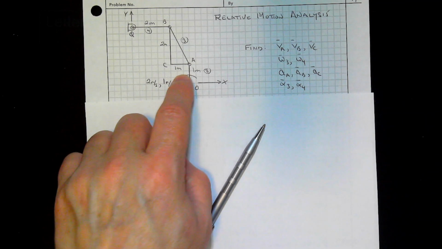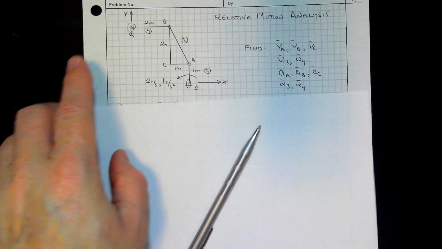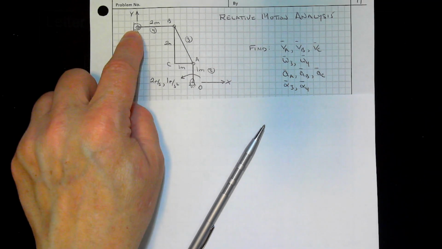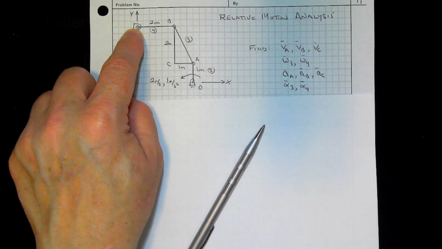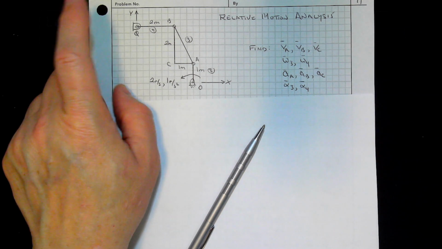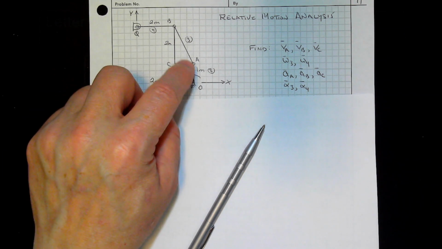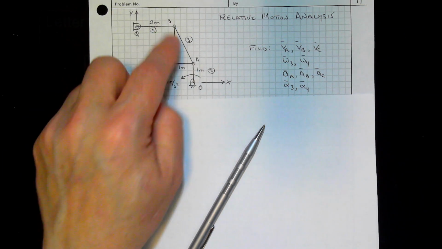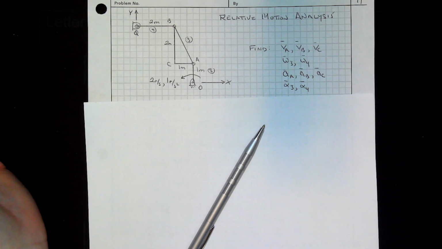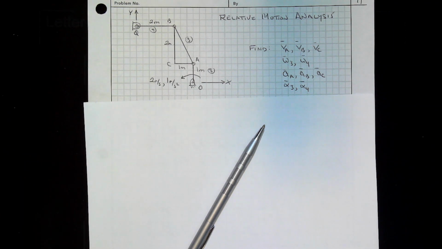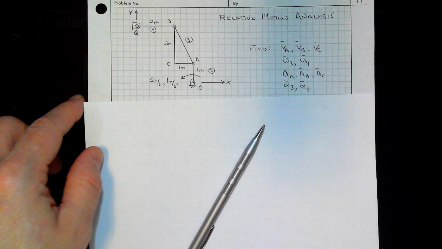So here's our input. We know what it's doing. And now here's where it connects to ground again. We also know the motion at this pin: velocity, acceleration, 0. So what we want to do is figure out what's going on at A, B, and C. We could figure out other points, but those are the logical ones, and it's sufficient for what we're doing.